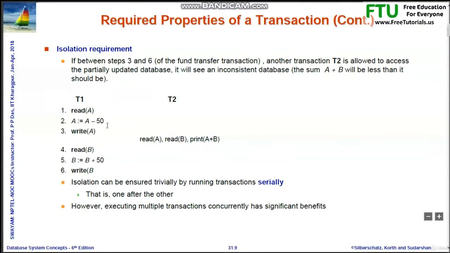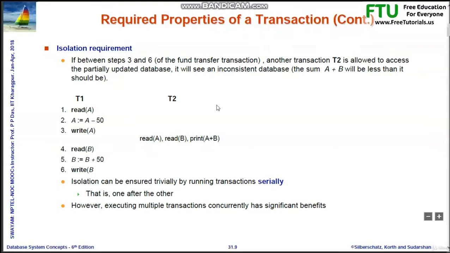Why? Because A is updated to value 50 and B has updated value worth $10. So that's 50 plus 10, it's 60. But actually, the 50 amount deducted from A is not yet received at B. Initially A is 100 and B is 10, so the total is 110.